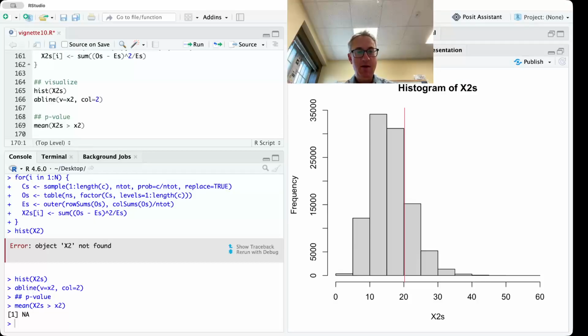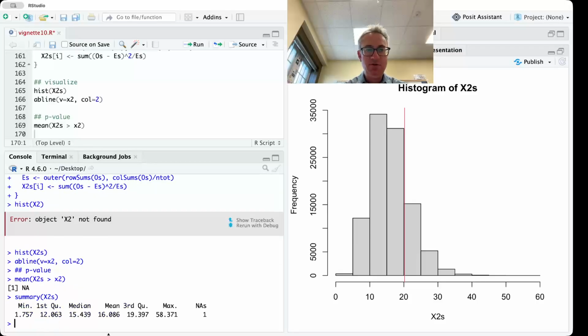Oh, okay. This can happen. So why is it that we're getting some NAs here? So summary x2s. So most of the values are numeric, but one of them came back as an NA. Why does that happen?